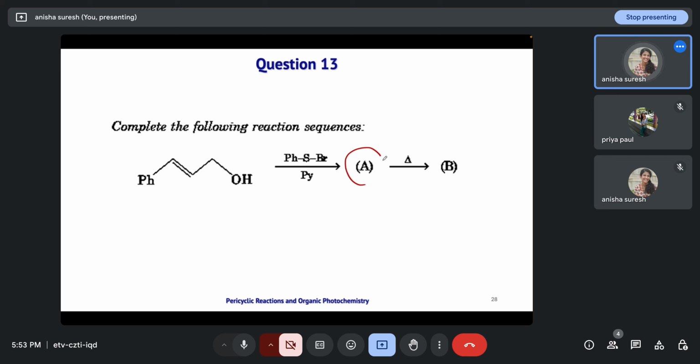So it will result in the formation of A substrate, and that is undergoing some rearrangement resulting in the formation of B. What will be the rearrangement that is taking place here? Please try to derive the structure of A first.